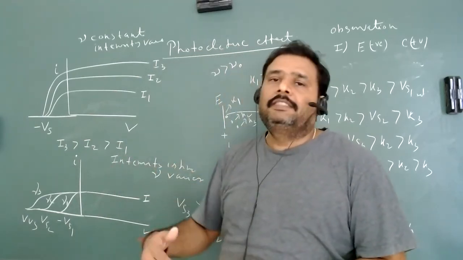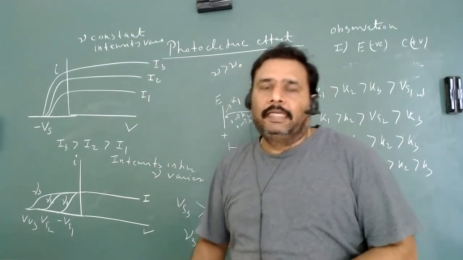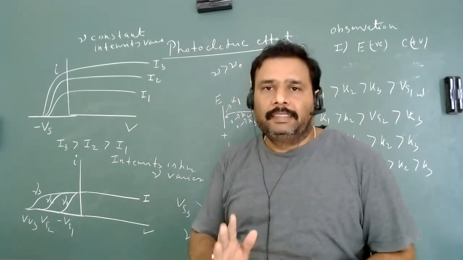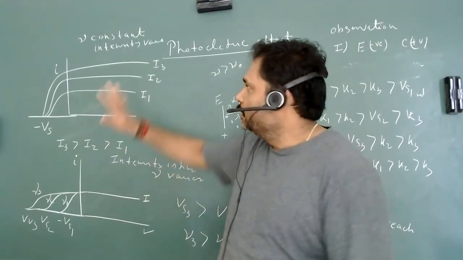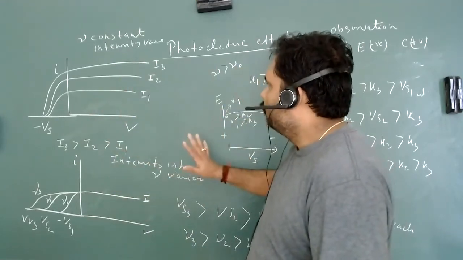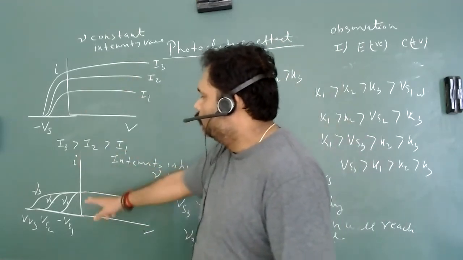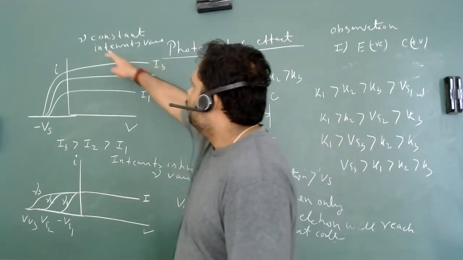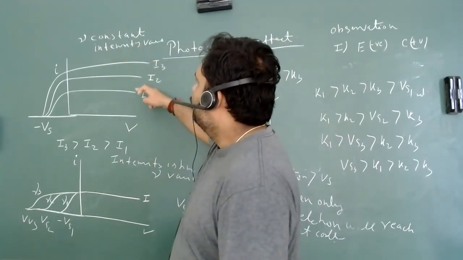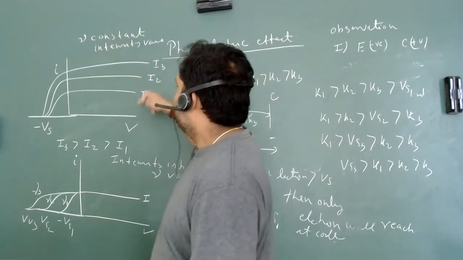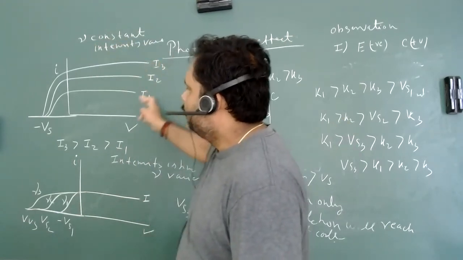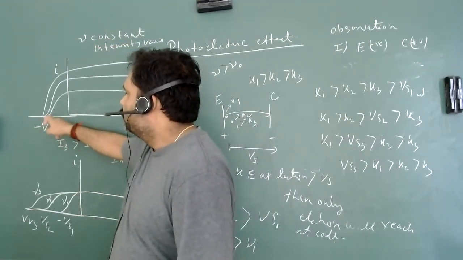Now this can be explained by the great Einstein. Let's see what Einstein said. The main observations are these two graphs. When we keep the frequency constant and change the intensity, we have seen that the stopping potential is the same.